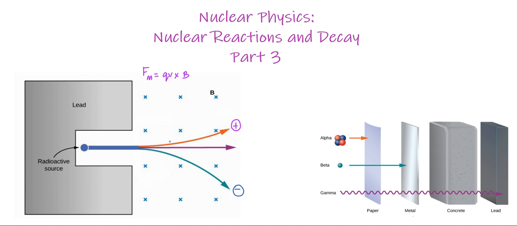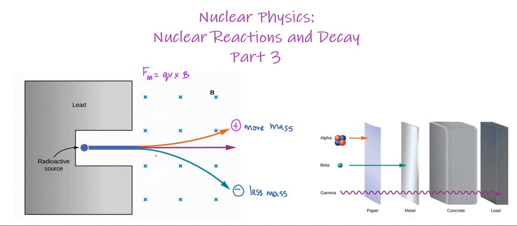Now, from the amount of curvature, we can see that if the same force is being applied to these because their magnitude of charge is the same, the mass would affect how much of a turn each of these would make. And we would be able to see here that this negatively charged particle has less mass, and the positively charged particle would therefore have more mass than that.